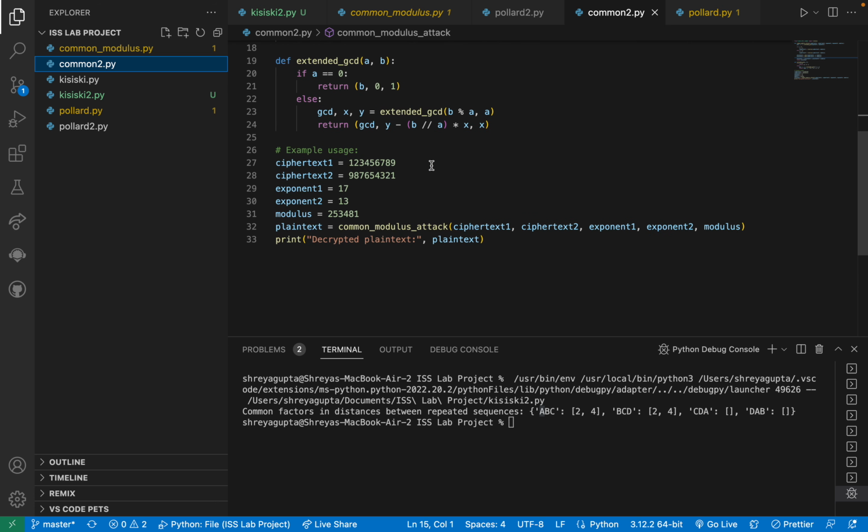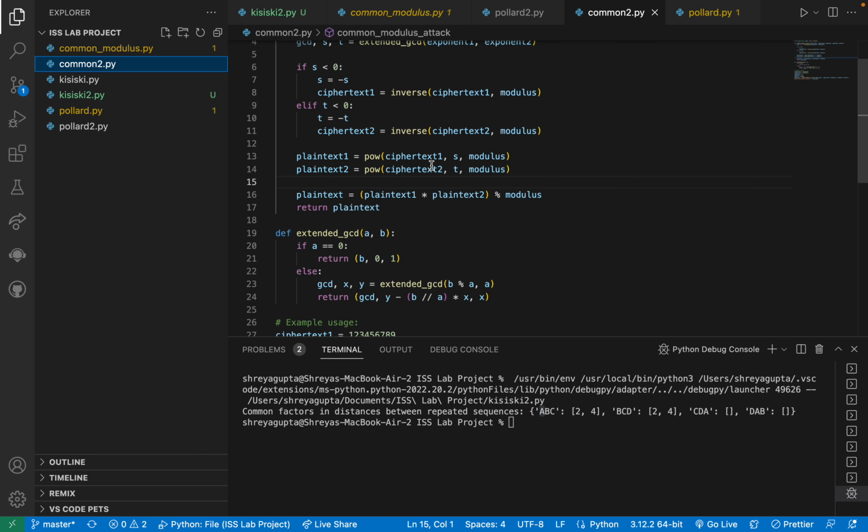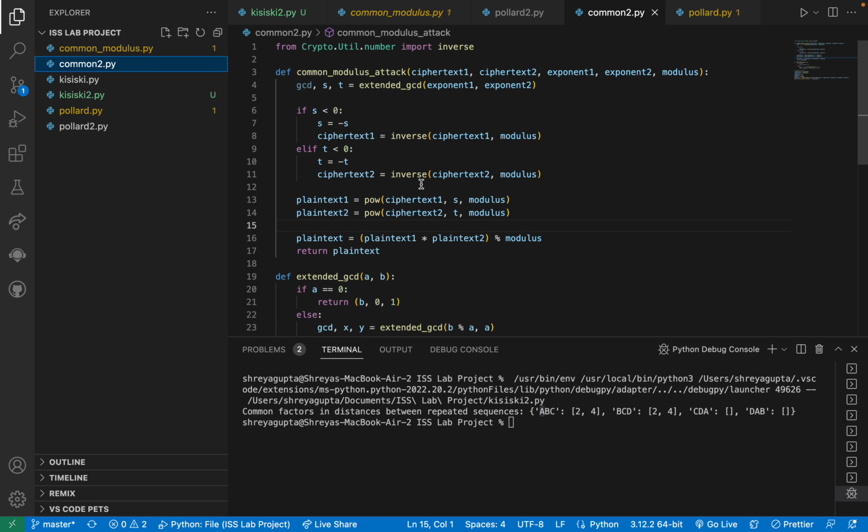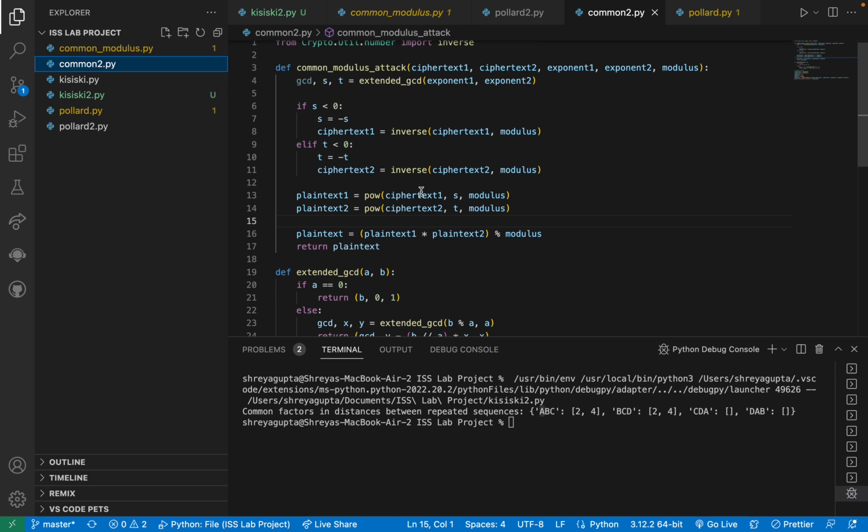Here comes the code shown on the screen. The code implements a common modulus attack, a method to decrypt RSA encrypted messages when the same modulus is used with different public exponents. It computes the greatest common divisor, GCD, and the two integers s and t.